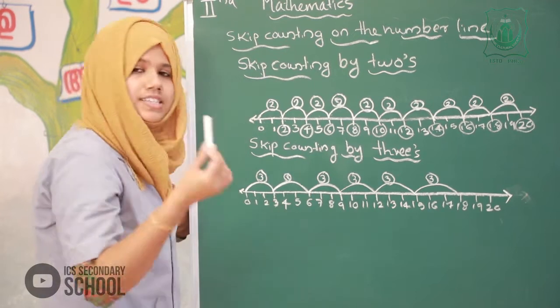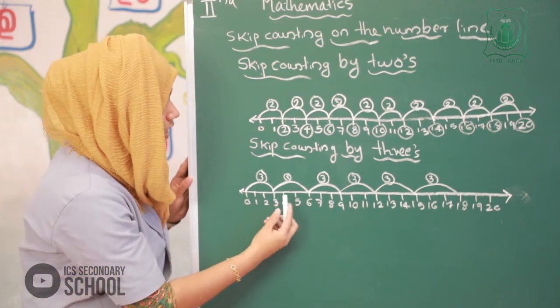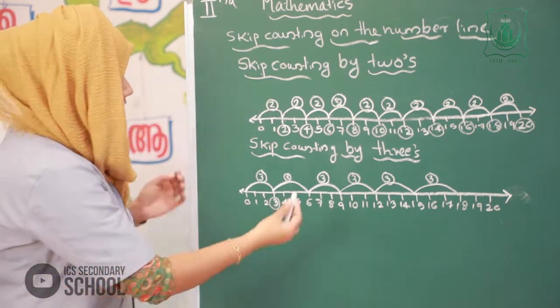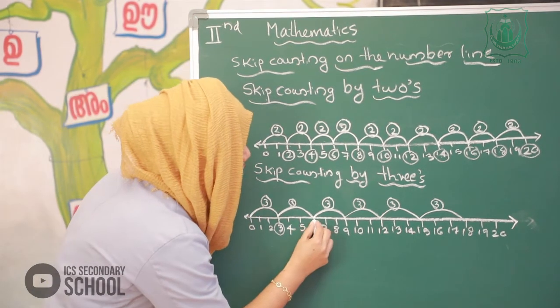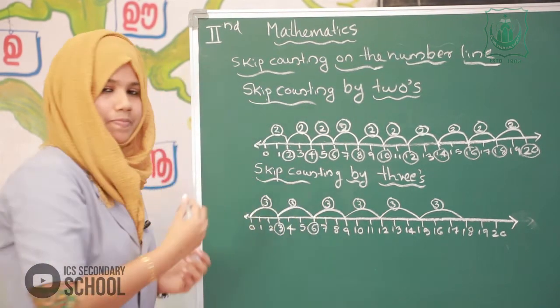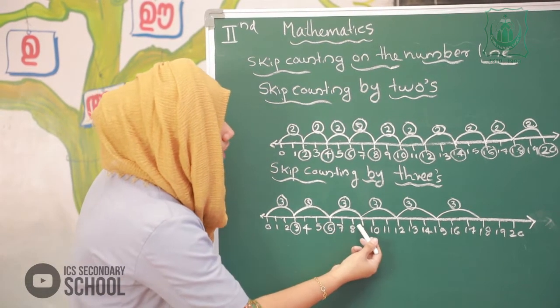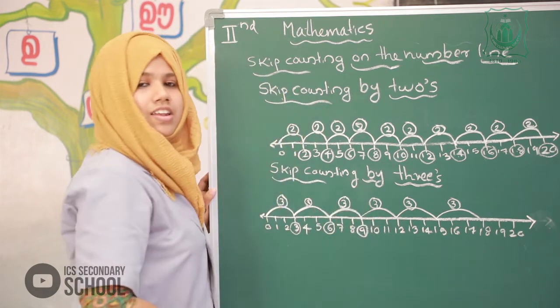Yes, the number 3. We start from 0. We count 3 and get the number 3. Next, again we start counting from 3. We get the number 6. From 6, we count 3 and we get 9.